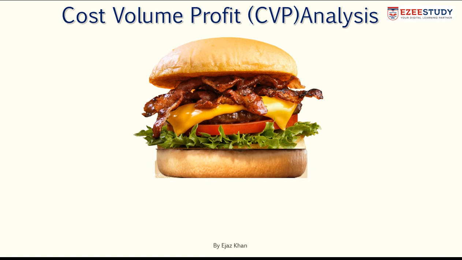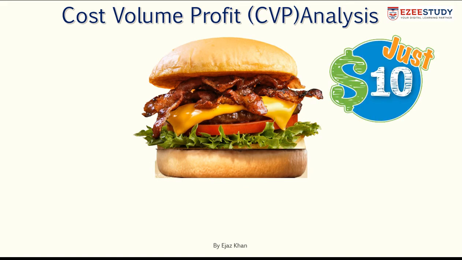Let's say we are running a burger shop and we sell each burger for $10. Now definitely when we will be selling this burger for $10, it will also be costing us. So let's say the bun costs $1 for every burger.